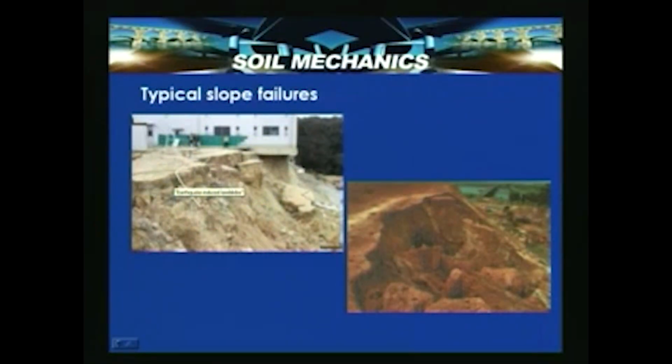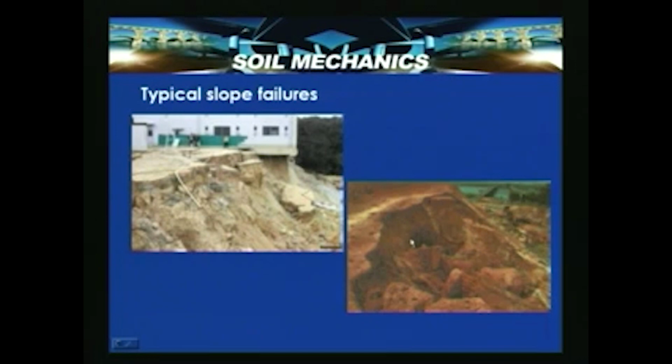Similarly, in some typical slope failures, even part of a building hangs, as shown here. This building shows how a portion of the building is hanging on a failed slope, and this is a 25-meter high failed slope where the slope is underlain by a soft clay.